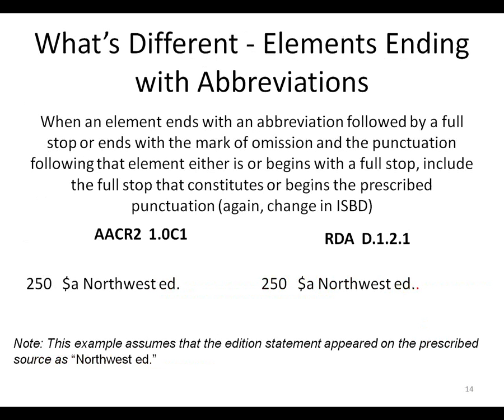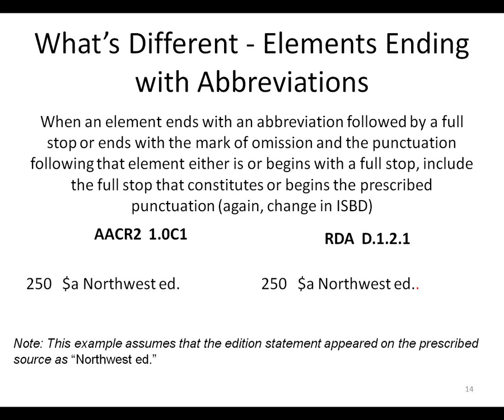Okay, this is a minor point, but there also is a change in ISBD practice, again, that's going to be reflected in RDA records, that if the element ends in an abbreviation with a period and ISBD requires another period as an introductory element for the next bibliographic element, then you would actually have two periods.